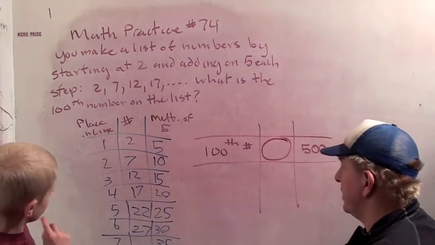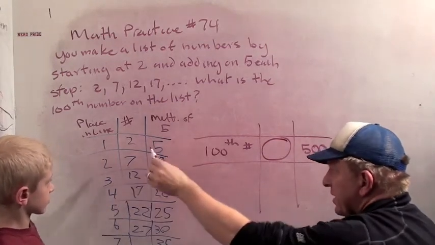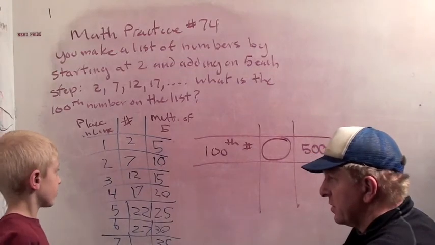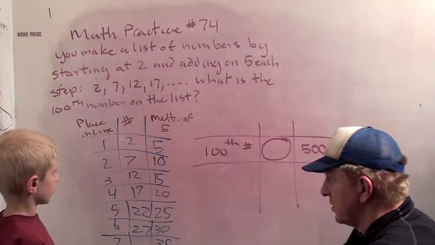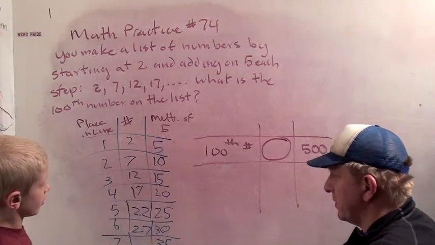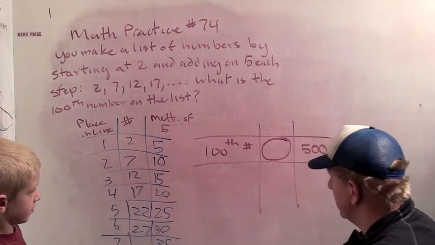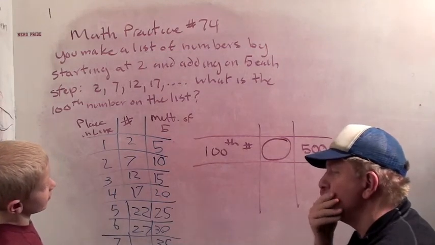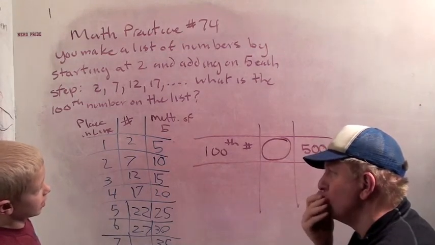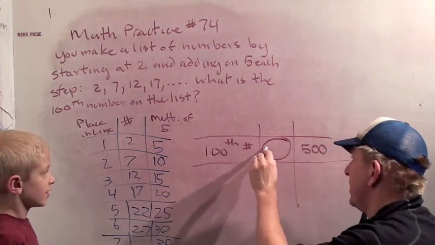So how do we get from this column back to the middle column? Well, we're minusing 3 here. We subtract 3. Okay, so what is 500 minus 3? 497.